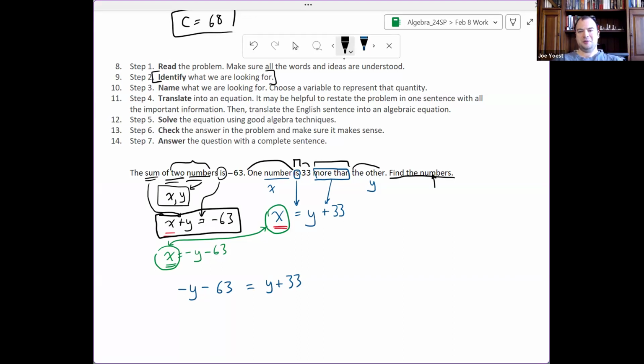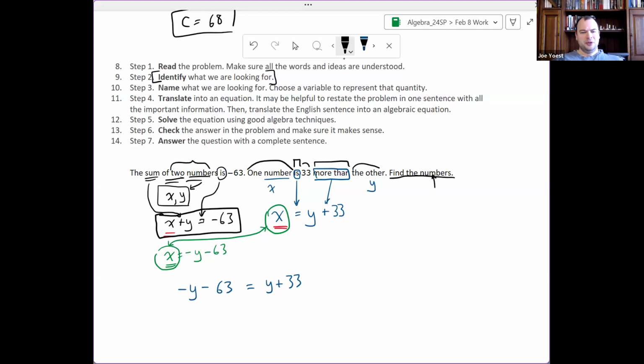So that's how I usually think about this. It seems a little backwards because we flip-flop things, but just being really careful with that grammar, really careful with the meaning of all these words, and making sure that we've got everything. So 33 more than the other number: X is 33 more than Y, X is Y plus 33.